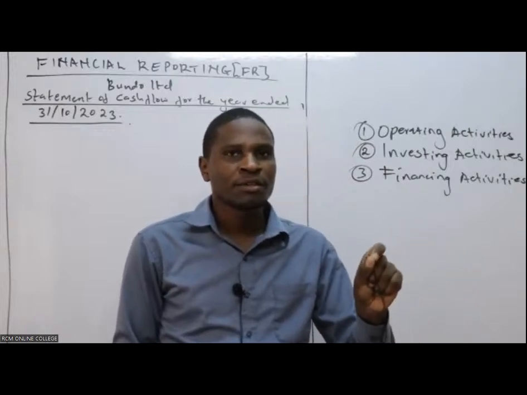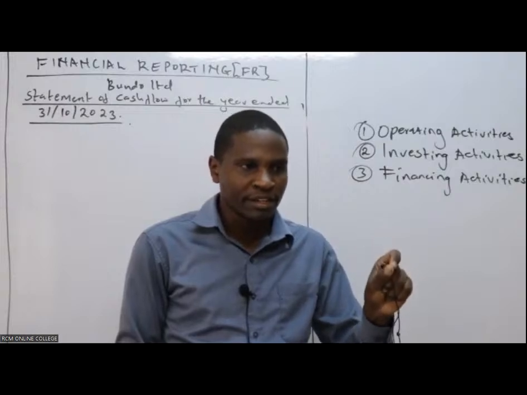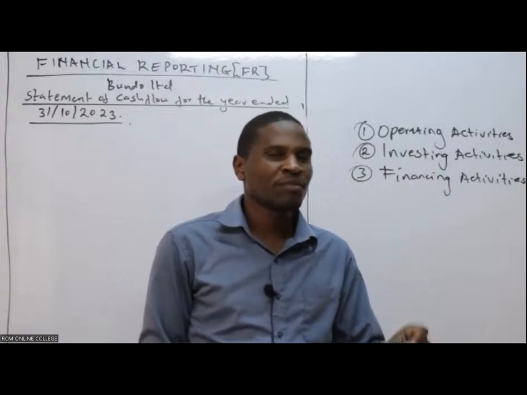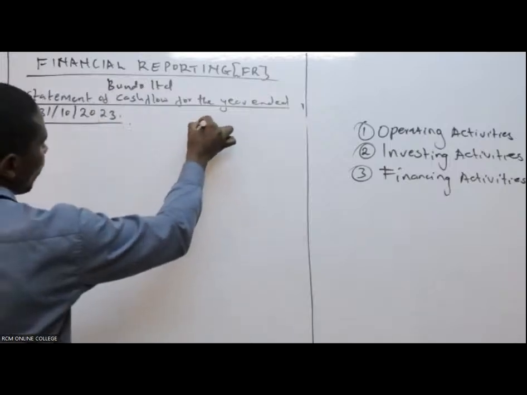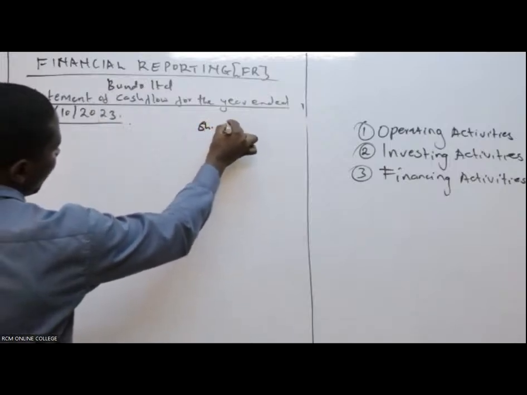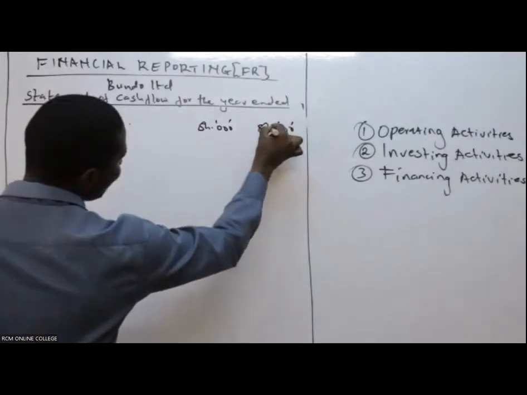In our case, 3 zeros are eliminated. Therefore, we shall be eliminating 3 zeros. So our figures are in thousand. Very, very important.